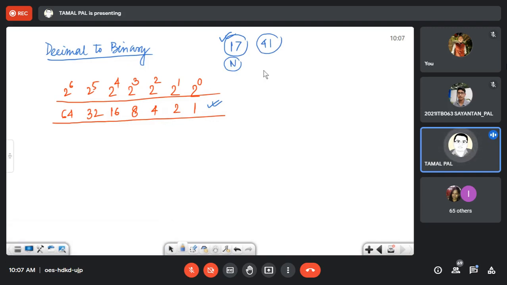So let us write: highest number less than or equal to n, if you are trying to convert n into binary.